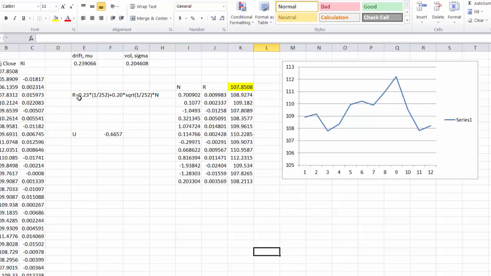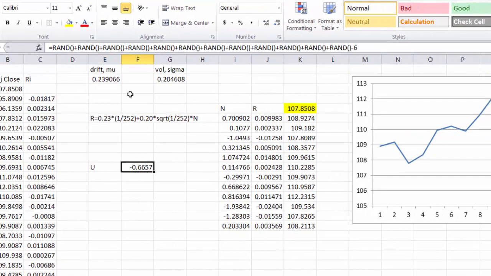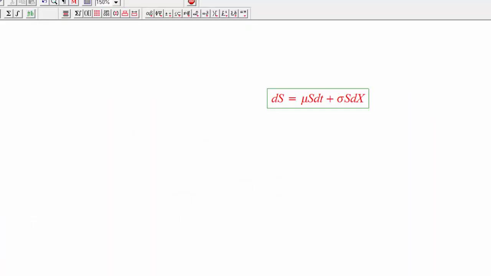So here's our formula. We just needed the standard normal distribution numbers, the n's. We got them by adding 12 u's together and subtracting 6. That gives us our stochastic differential equation, our way to model the change in the stock price.